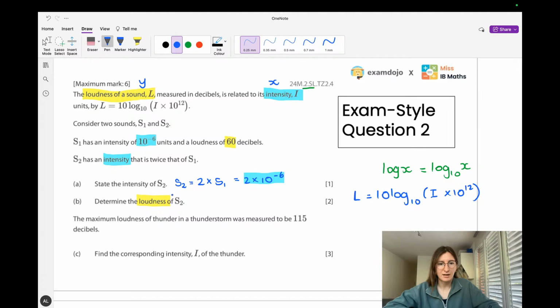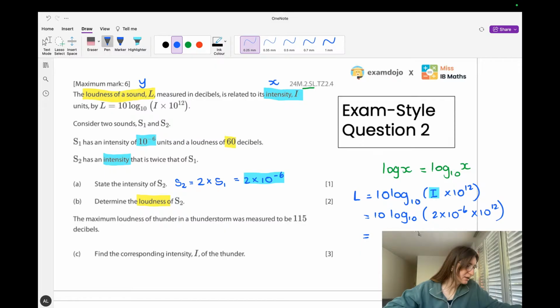And they're saying that my input is 2 times 10 to the minus 6, that goes there, right? That was my I. So 10 log base 10 of 2 times 10 to the minus 6 times 10 to the 12. I can put this entire thing on the calculator because it's a calculator paper, and that way I'm less likely to make algebraic mistakes.